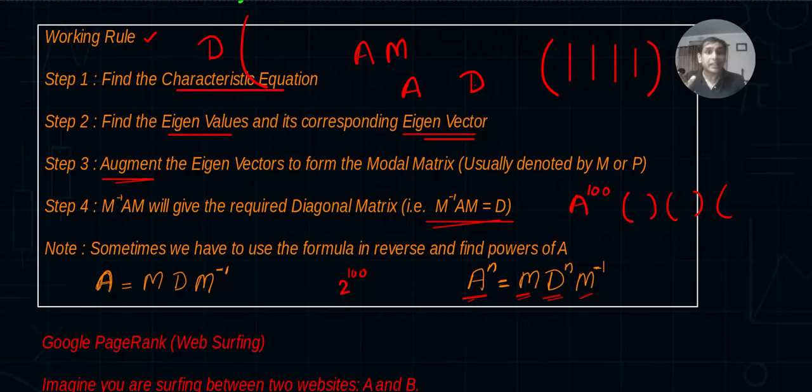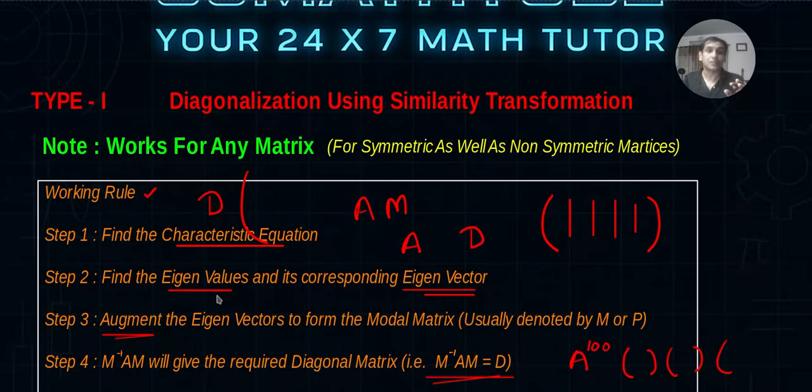And in your exams, they will ask you to verify this connection, and that is called diagonalization. In most of the engineering courses, they will keep two methods. One is similarity transformation and another one is the normalization method, that's called the orthogonal transformation. But similarity transformation can be applied for any matrices.